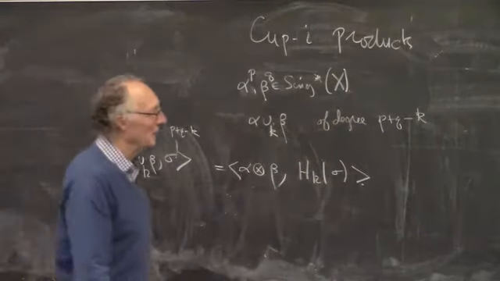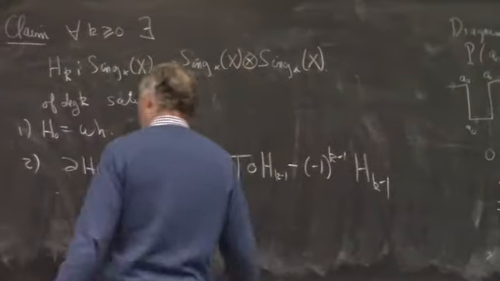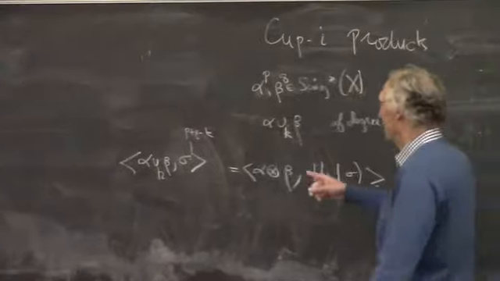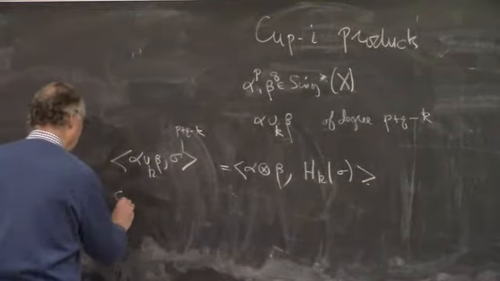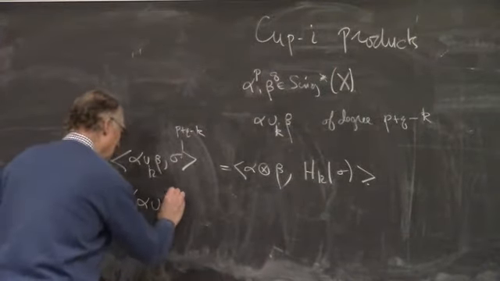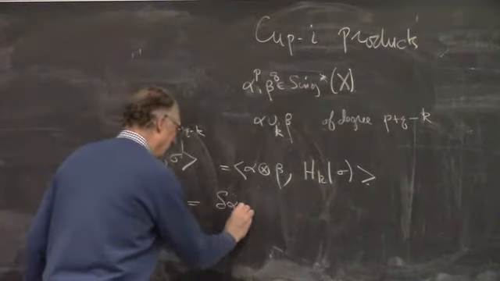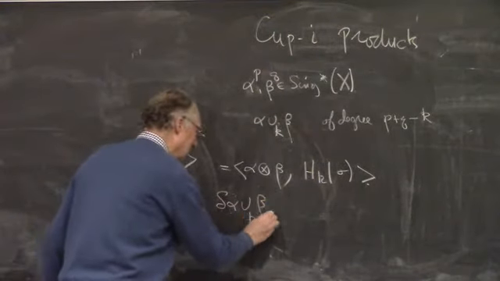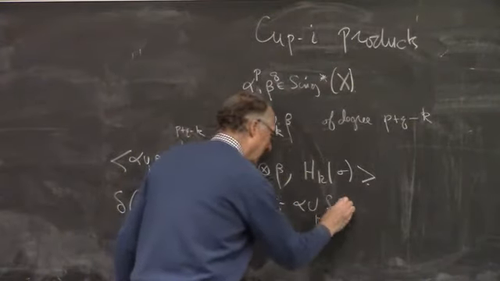Now this formula, it's a nice exercise. This formula, ignoring all the signs, I'm going to work mod 2 here, shows you that the coboundary of alpha cup K beta is coboundary of alpha cup K beta plus alpha cup K coboundary of beta.